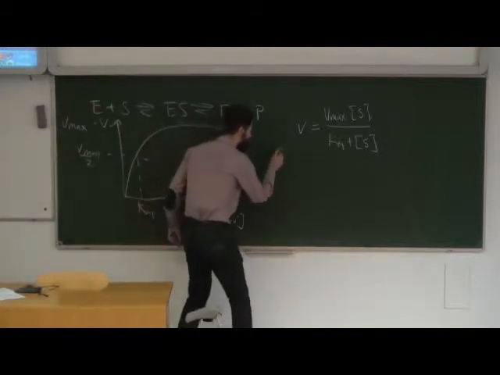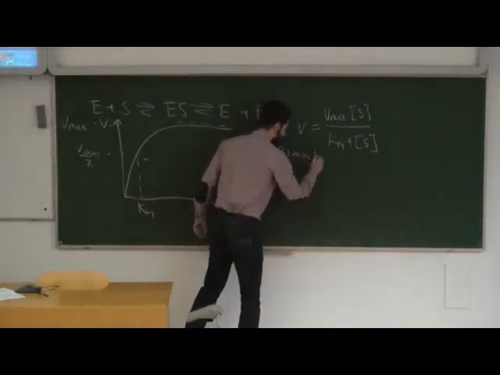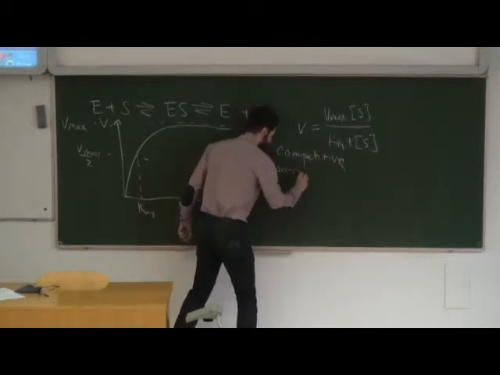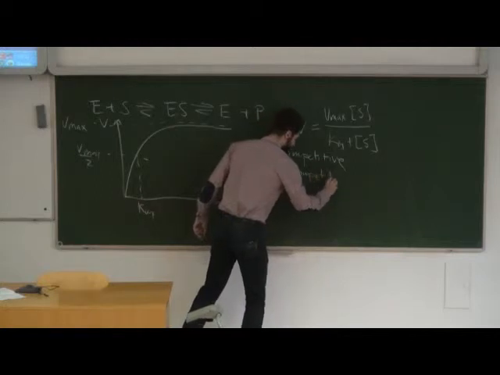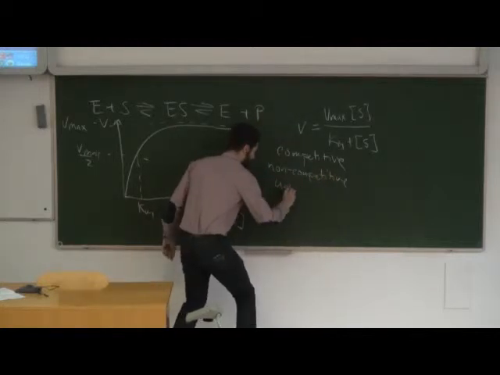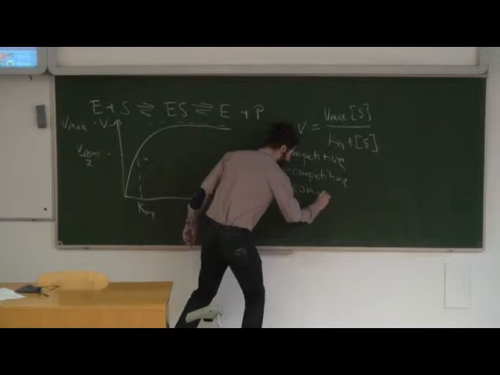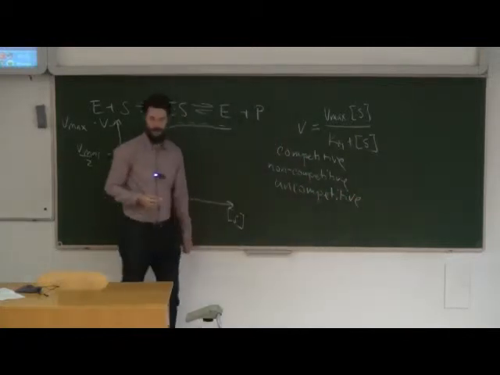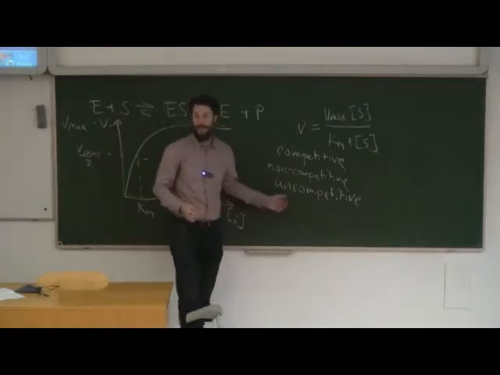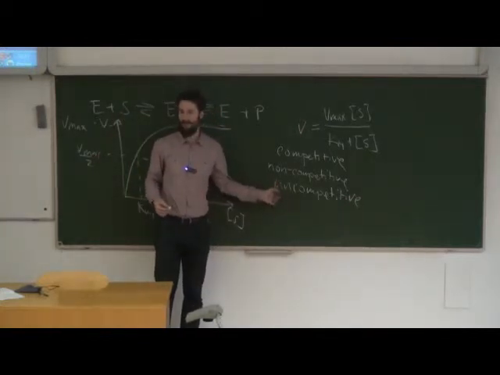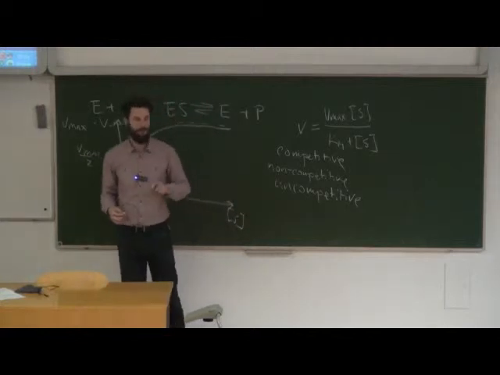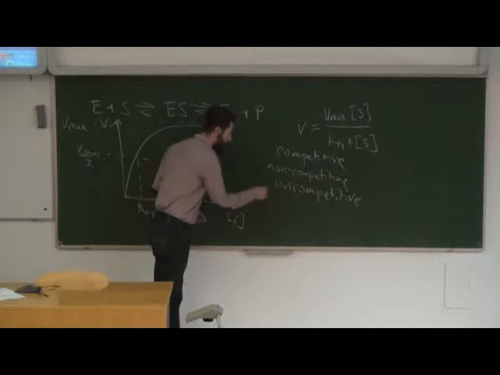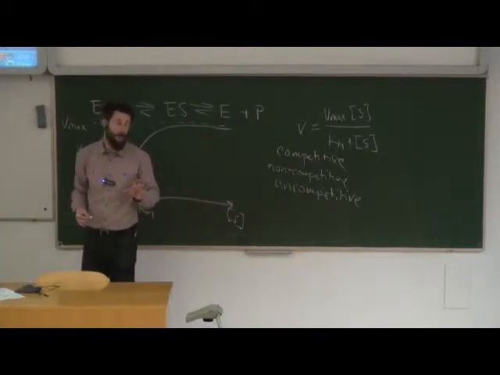So we have competitive, non-competitive, and uncompetitive. Sometimes you can see a-competitive or anti-competitive. It's all the same. Uncompetitive, a-competitive, anti-competitive. Those are going to be the three types of inhibition we're going to be talking about.